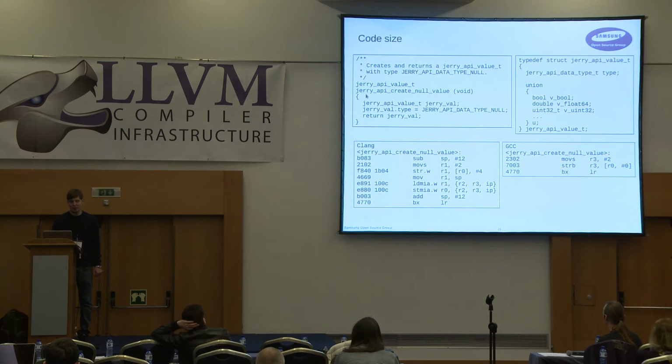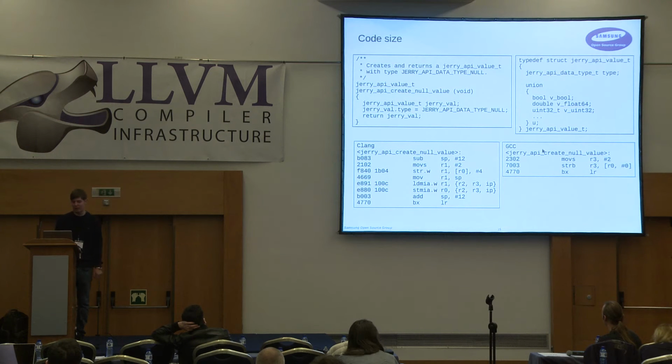And here we have a function which just creates a null value. For the null value, we allocate a new object on the stack, then the type field is written, and then the entire struct is returned by value to the caller.